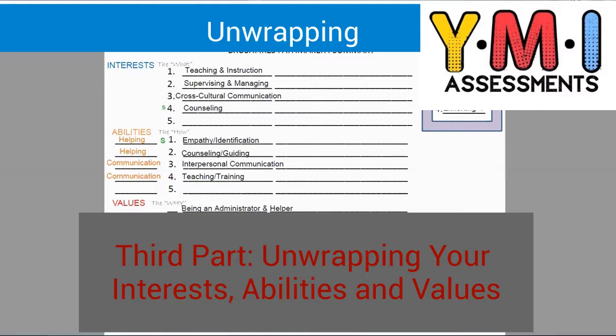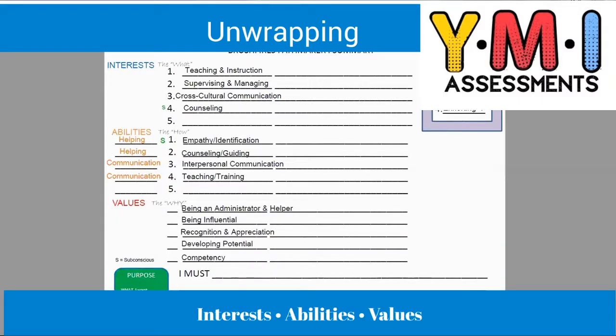All right, so under abilities, you're going to notice, and it'll show up in just a moment, that there's an S for subconscious. And this is probably something that will reinforce what I was talking to you about with regards to your feeling. You have an ability called empathy and identification, which means you naturally can kind of feel what another person is feeling. So for you, it's obvious.